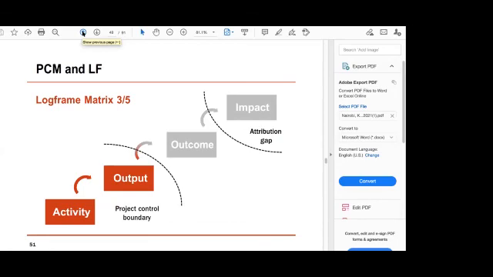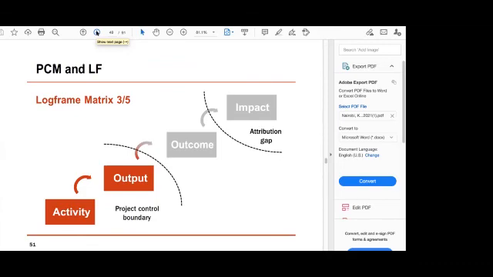What we decided to emphasize is that at this point, the activities and the outputs are the direct issues which the project can address. They are under the control of the project that you've come up with. The outcome, this is your area of influence. You can influence the vicinity within which your project can reach.